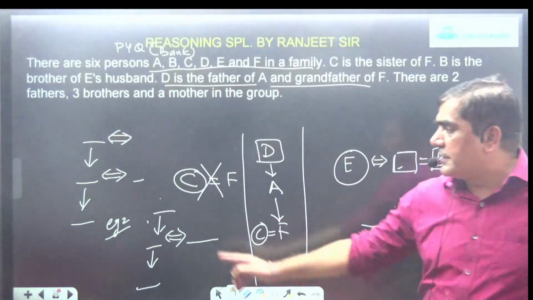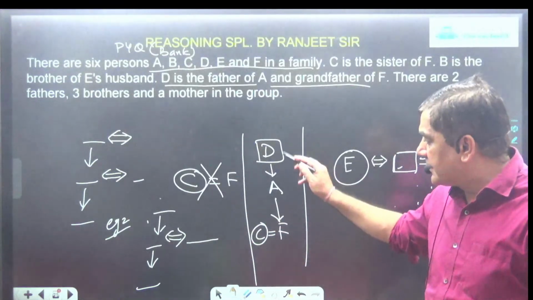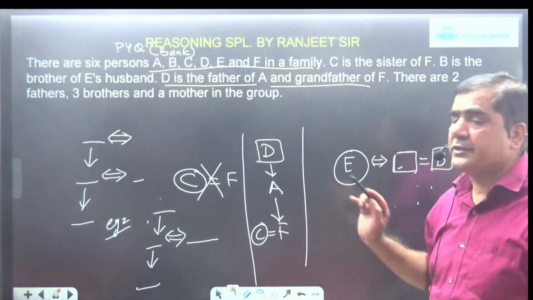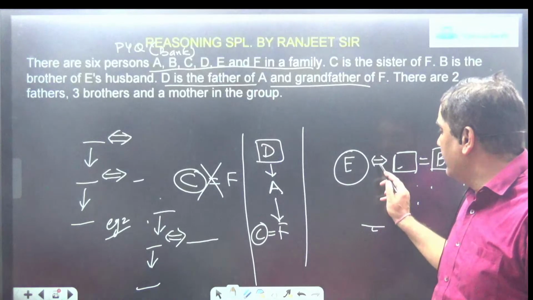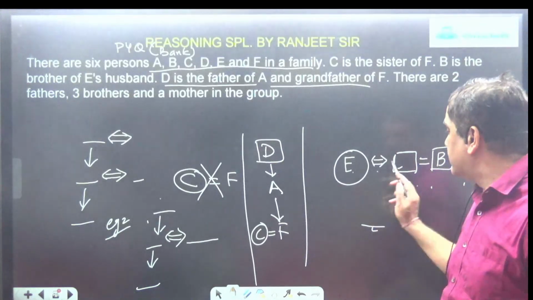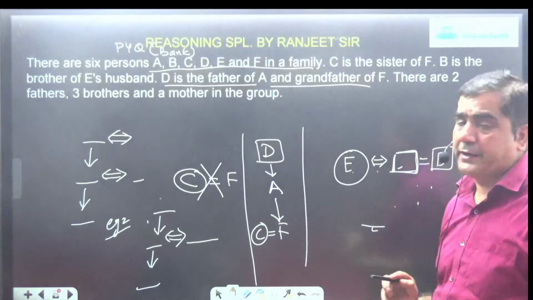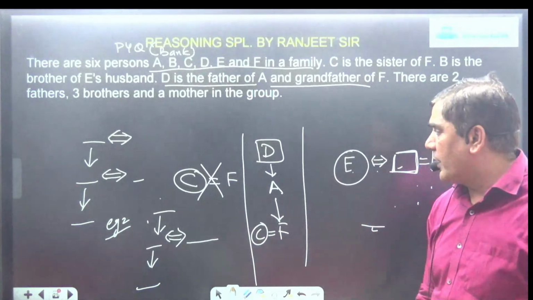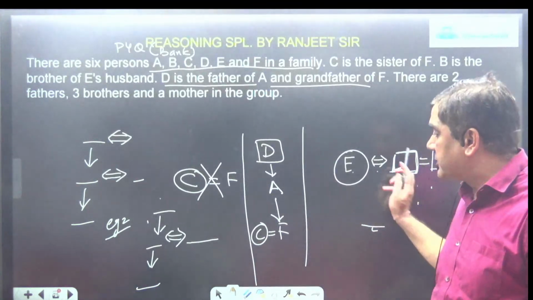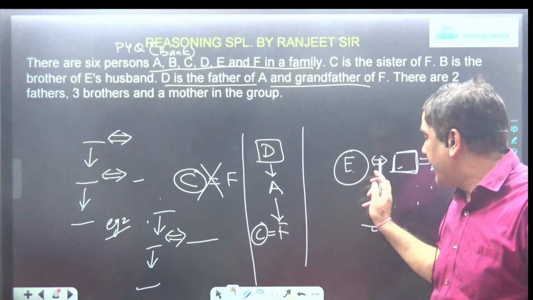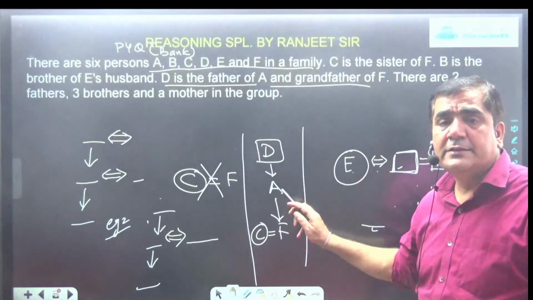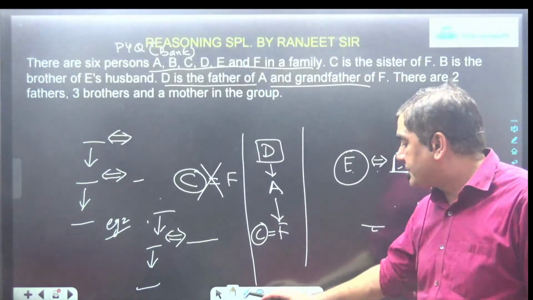See, if I use this concept over here, here I am talking about 3 generations, and there is one married couple in the family. E is married to blank. It means this blank must be A only, because this married couple needs to be in the second generation. So let's combine these two.